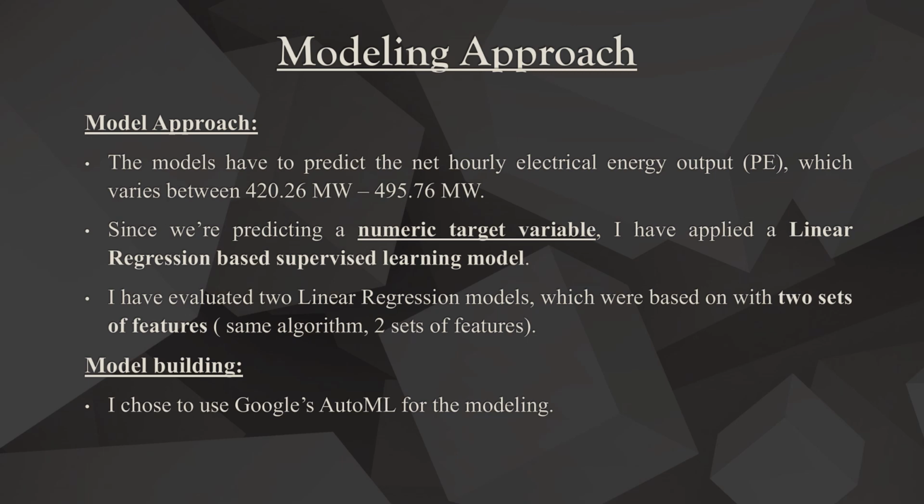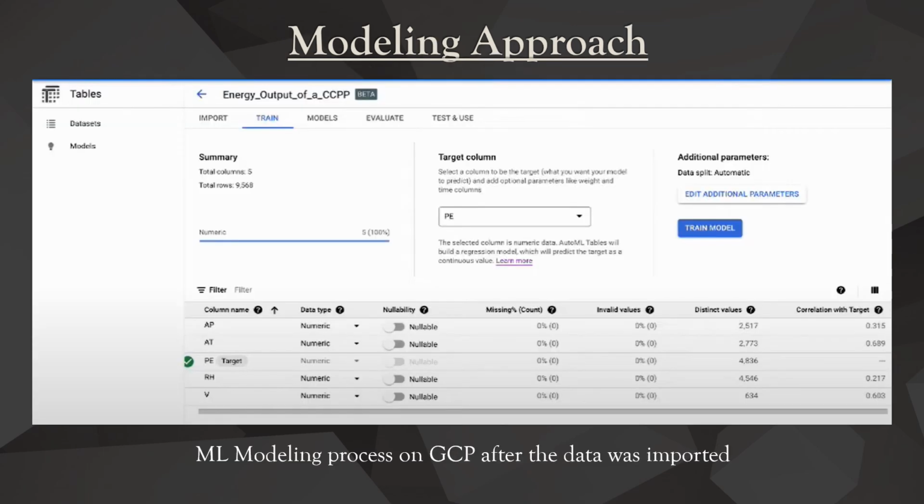I have evaluated two linear regression models which were based on two independent sets of features. That is, they both use the same algorithm but rely on two different sets of features. I have chosen to use Google's AutoML for the modeling. On the screenshot, you see how it looks on GCP after the data has been imported.